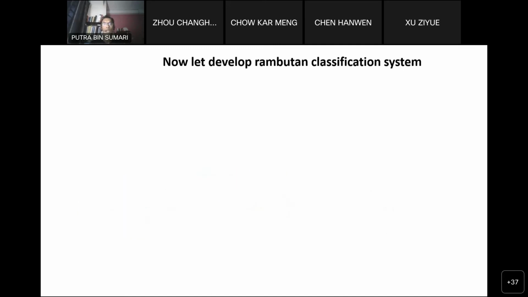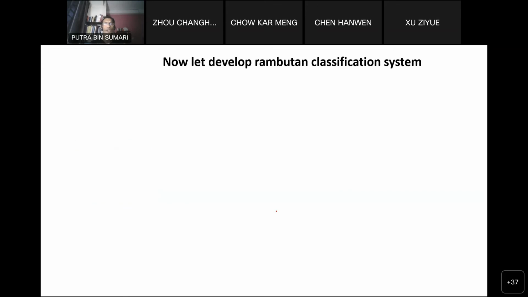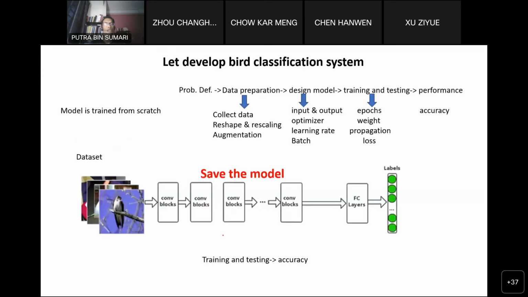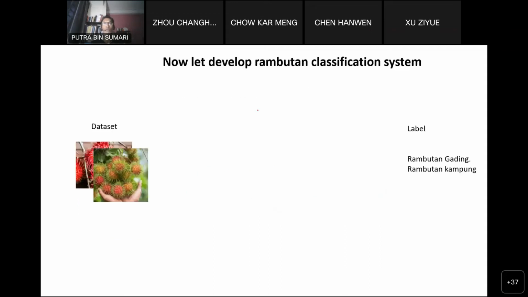Okay, and then say you have rambutan here. Now let's develop a rambutan classification system. Last week you developed a bird classification system, and you trained and saved it, and this is called a pre-trained model. But today we're going to develop a rambutan classification system, a new thing basically.